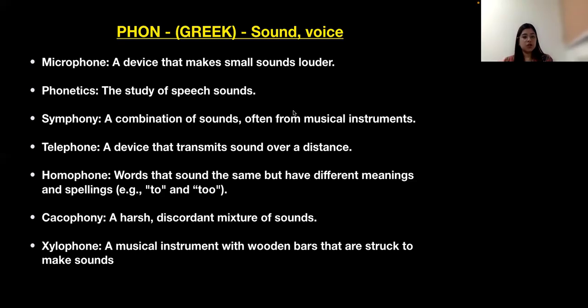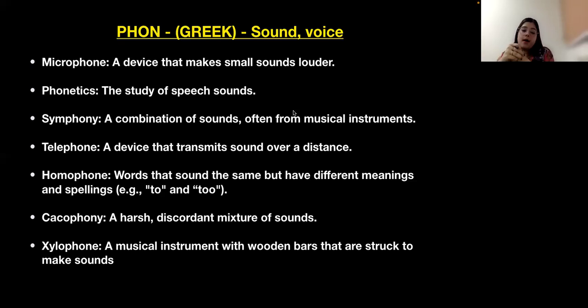Phonetics in English, the study of speech sounds, how when you break down a word into certain parts in order to facilitate how it is pronounced, that study is known as phonetics. Symphony, a combination of sounds that occurs from musical instruments. Telephone, a device that is used to transmit sound over a distance.